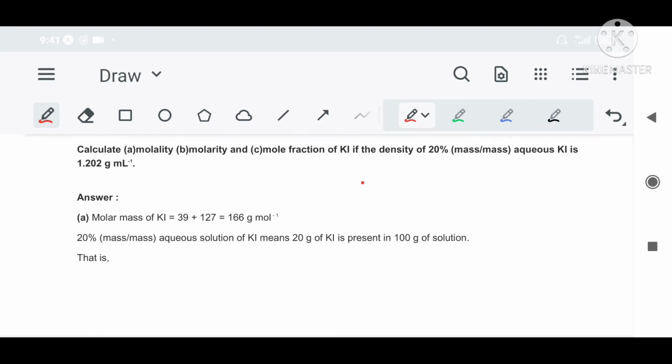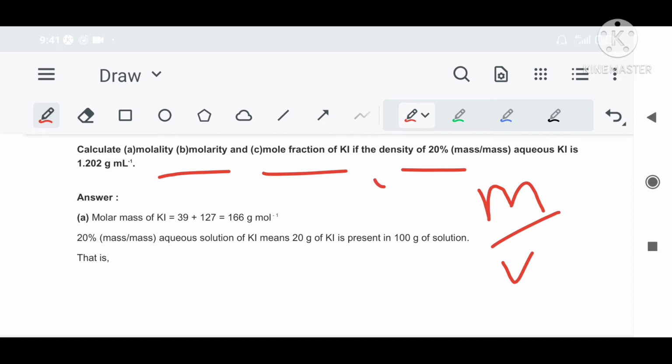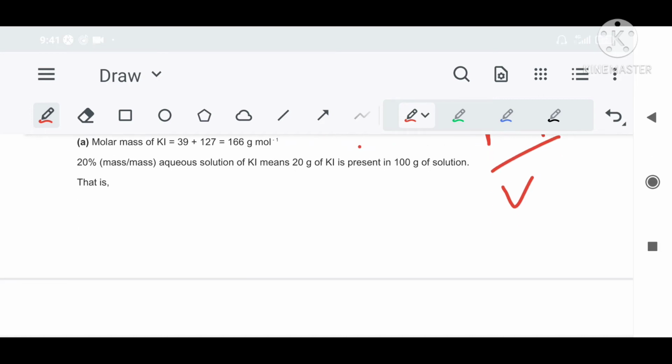Now calculate the molality and mole fraction of KI if the density is given to you. Density is mass upon volume, and the solution is given as 20% mass by mass. Density is 1.202 gram per ml. So here we are solving it.